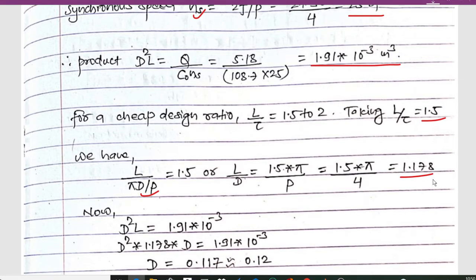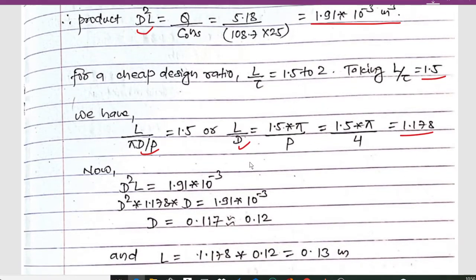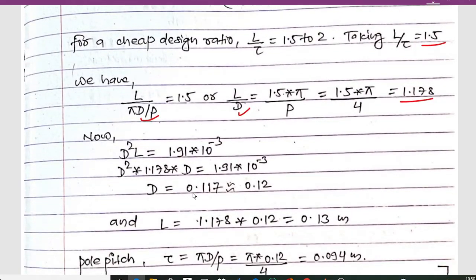Using these two relations, d square L and L upon d, we can calculate the value of d as 0.12. On substituting the value of d, L will be 1.178 into 0.12, which gives 0.13 meters.